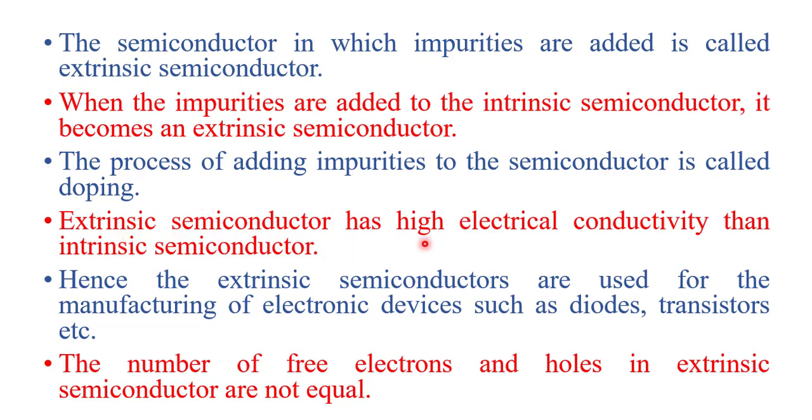Extrinsic semiconductor has higher electrical conductivity than intrinsic semiconductor, because in extrinsic semiconductor we dope some impurity to increase the conductivity of the material. Hence extrinsic semiconductors are used for manufacturing of electronic devices such as diodes, transistors, etc. The numbers of free electrons and holes in extrinsic semiconductor are not equal.